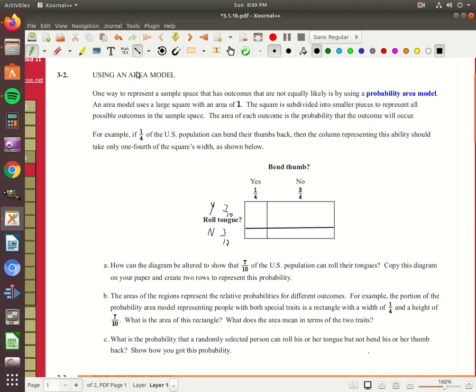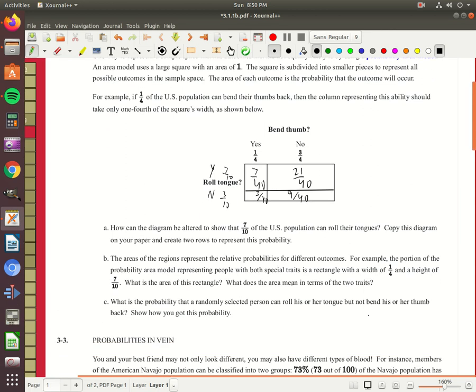And now you can see visually how this breaks out: the more likely things have a bigger box and the less likely things have a smaller one. It's so small I can barely write 3 out of 40 there, right? And that would be 9 out of 40. So you can see if we do a probability area model, it gives us a quick visualization of what's most likely and what's least likely.